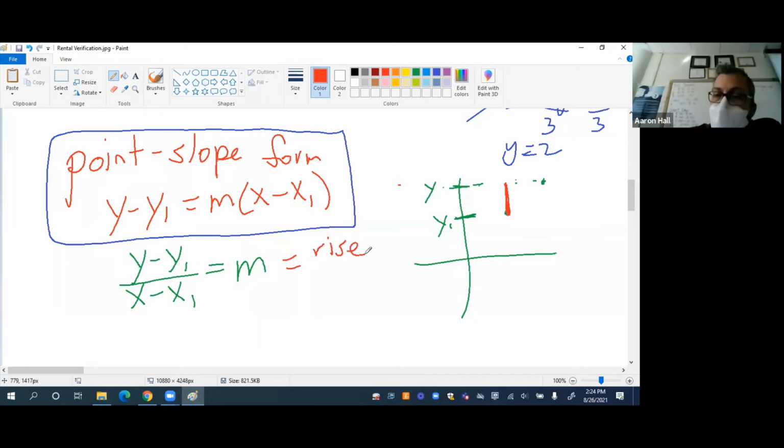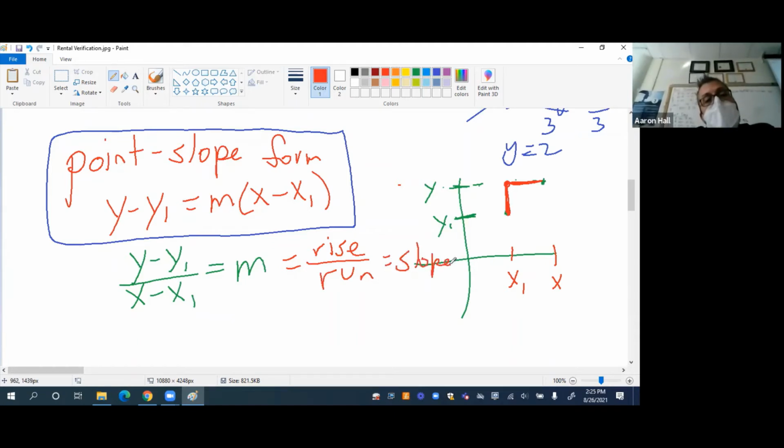And what if I subtract the x values, this x here and this other x over here? What does that give us? Our run. Yeah. So this is our slope. That is our slope equation. So this point slope form is really just our slope equation.